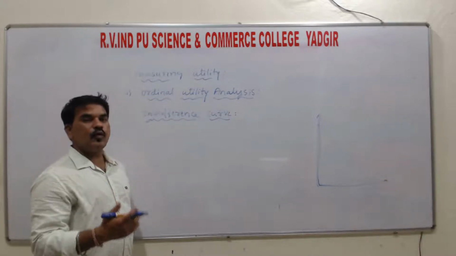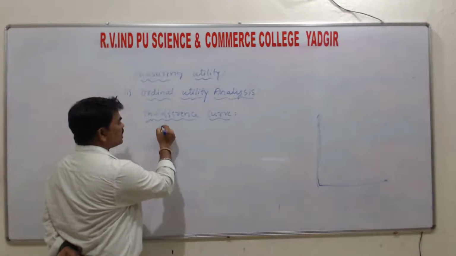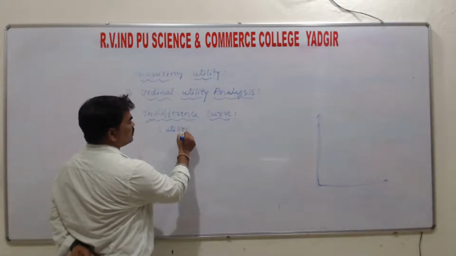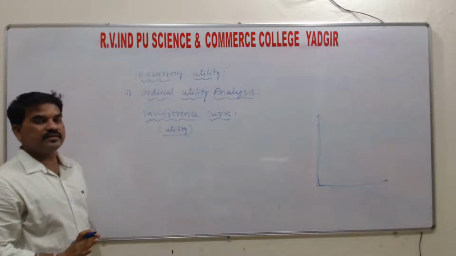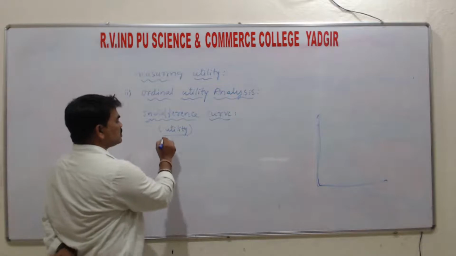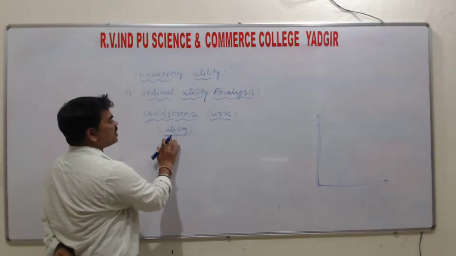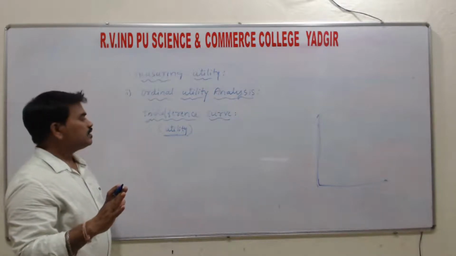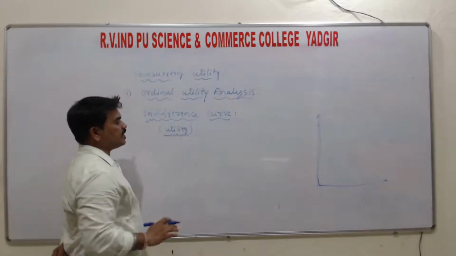No difference about what? There is no difference in his utility. So if we understand this, then we understand this concept. So what is indifference here? His satisfaction level is indifferent, meaning there is no difference in his satisfaction level.